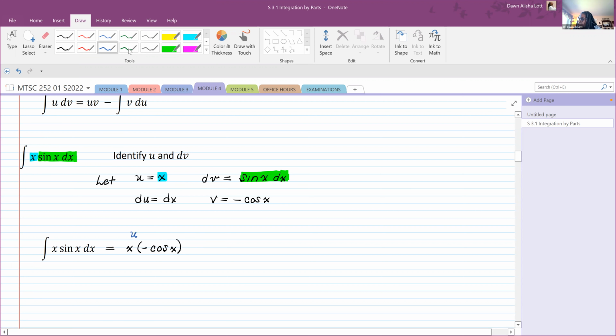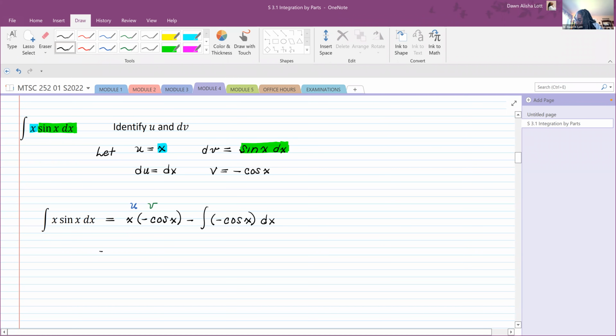And then now I need minus the integral of v, which is negative cosine of x, du, which is dx. Okay, so all I've done is my general substitution. Again, I need u and dv, then I find du, and then I integrate to find v. So I differentiate u, I integrate v, and then I plug it in.